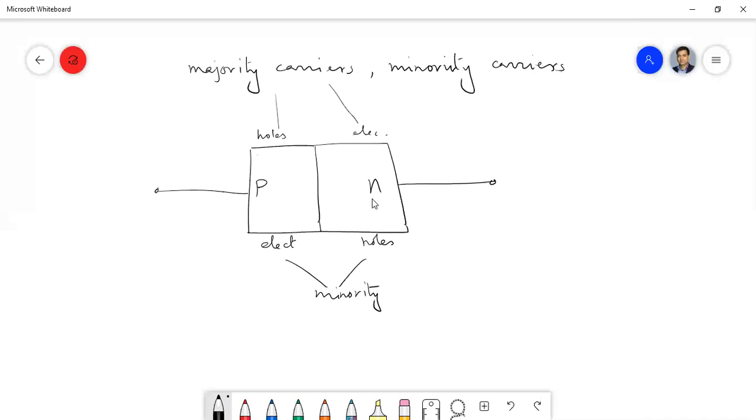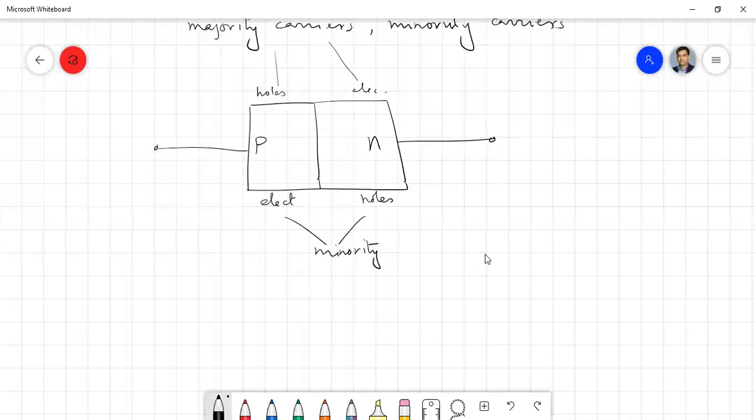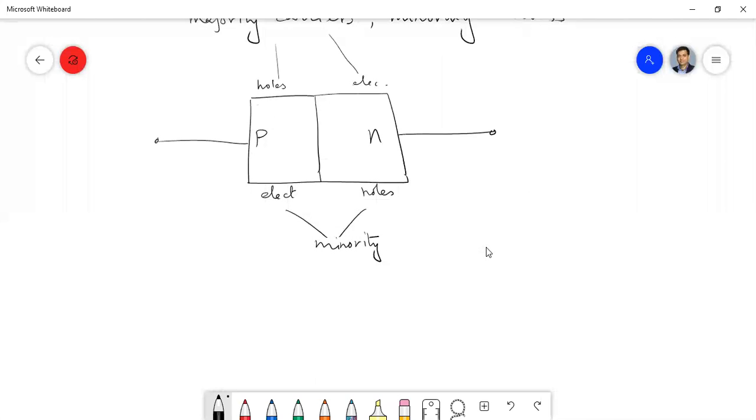Remember that PN junction diodes are basically minority carrier devices. Now when we keep it like this, due to diffusion the electrons from the N substrate and the holes from the P substrate diffuse along this junction and create what is called a depletion layer near this junction.